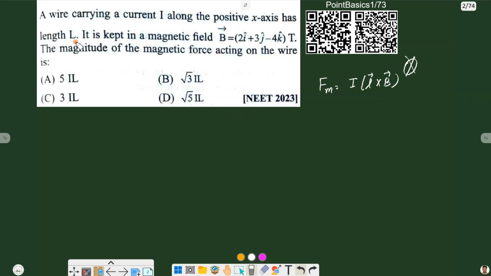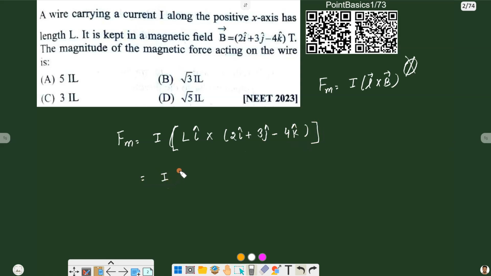So the length is L. The magnetic force will be I, with length L i vector, cross the magnetic field, which is 2i plus 3j minus 4k.